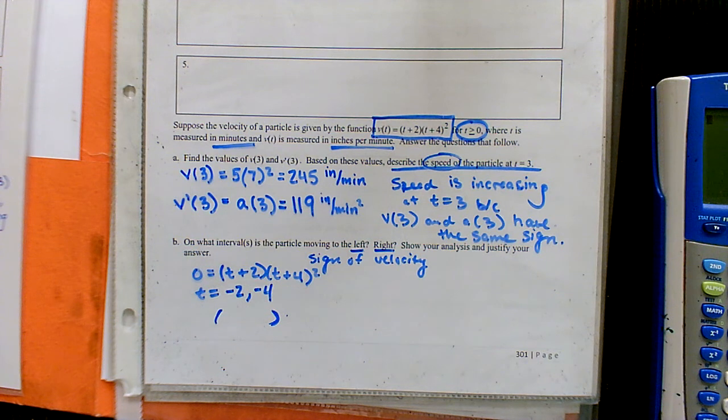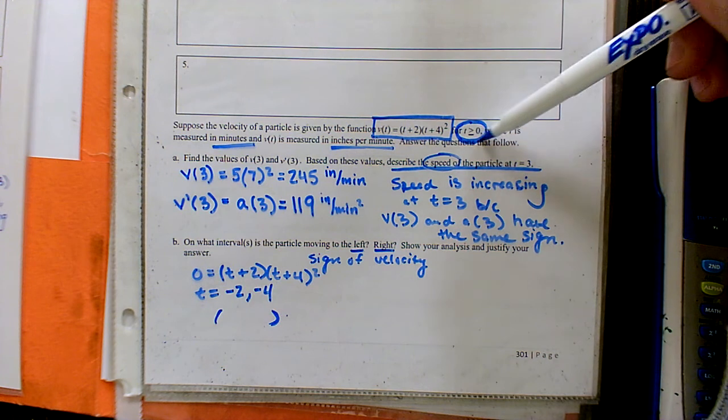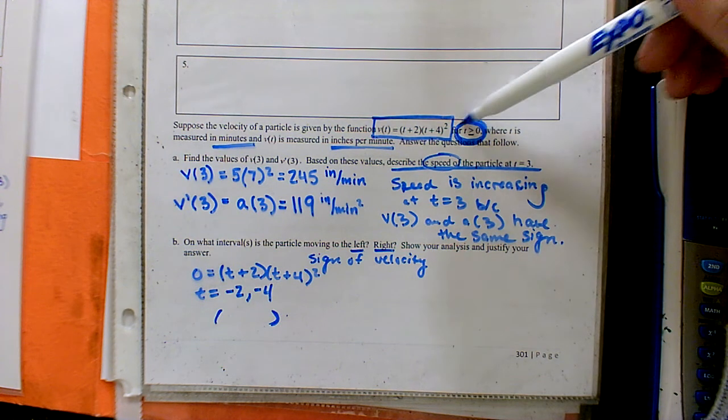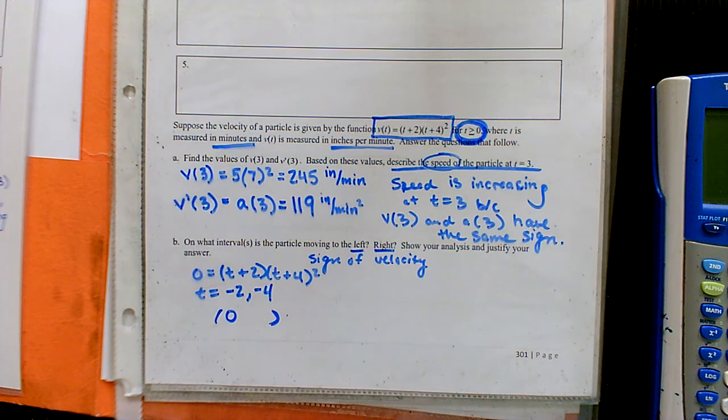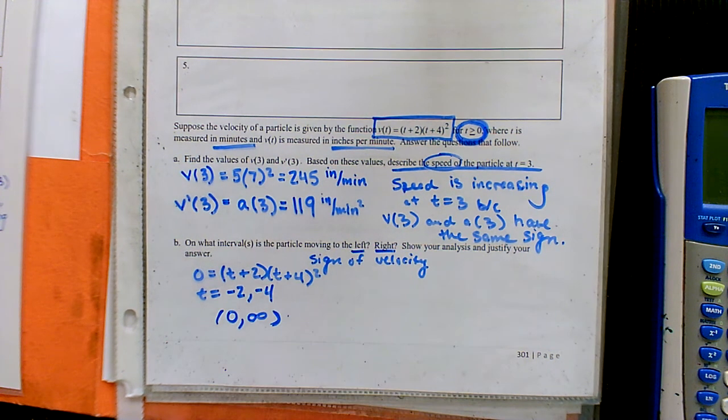But now that we have a specific scenario, a meaning behind the function, the domain might be restricted. Notice how the time has to be greater than or equal to 0. So if 0 has to be our beginning point, we'll never include -4 and -2, because those are less than 0. So our interval would just be 0 to infinity.